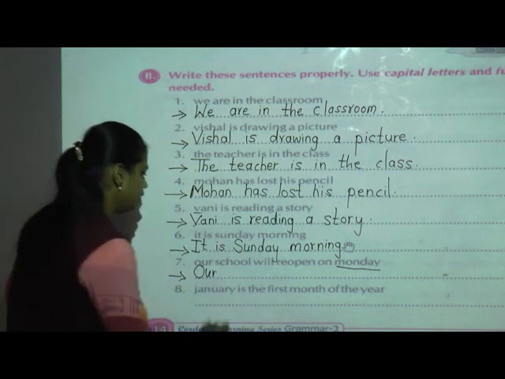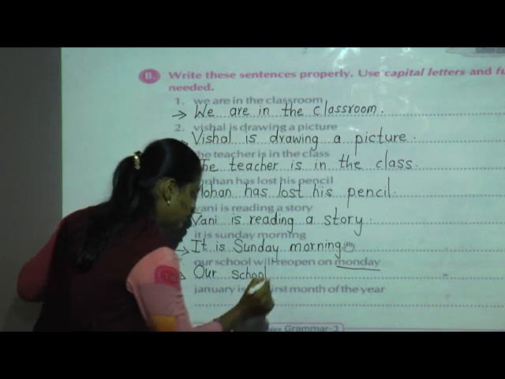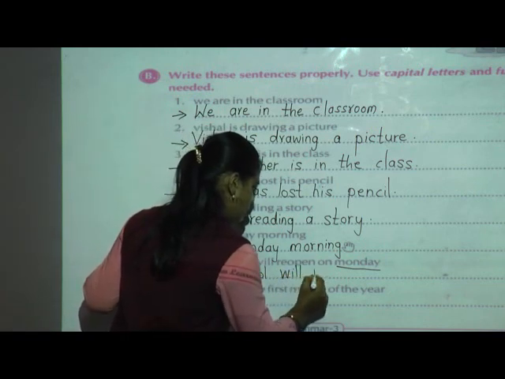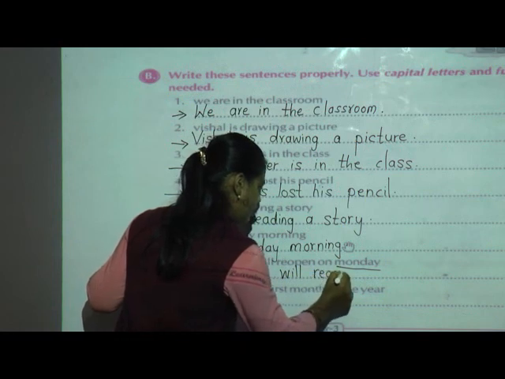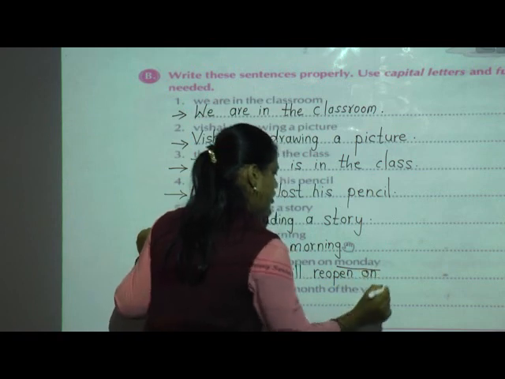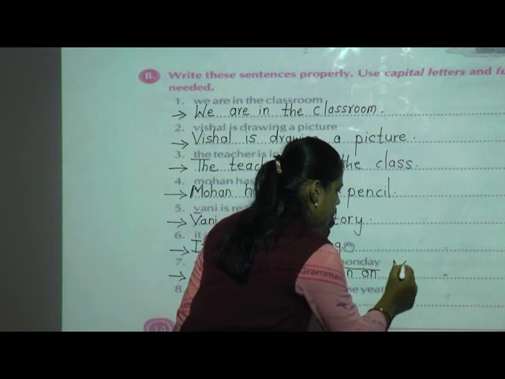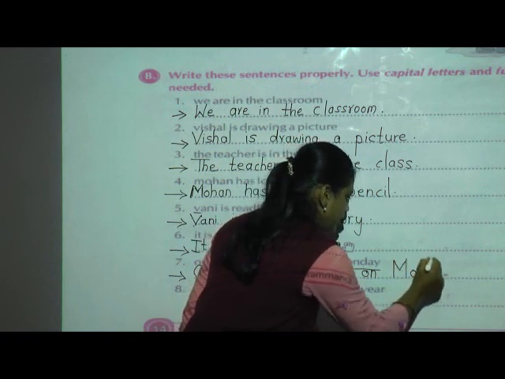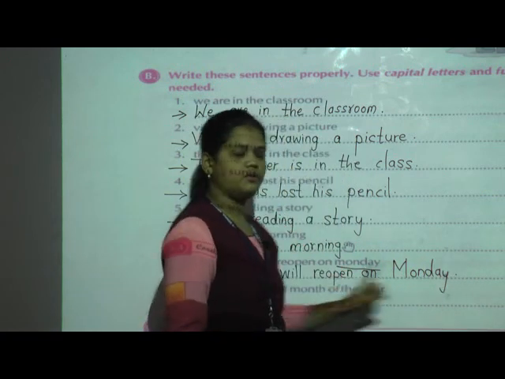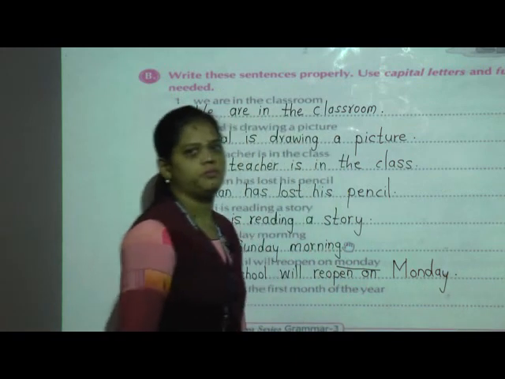Then next is school, as it is in the small letter, will reopen on, now here Monday is given. In Monday, M I am going to write in the capital and the remaining letters in the small. After ending the sentence, I have given the full stop.